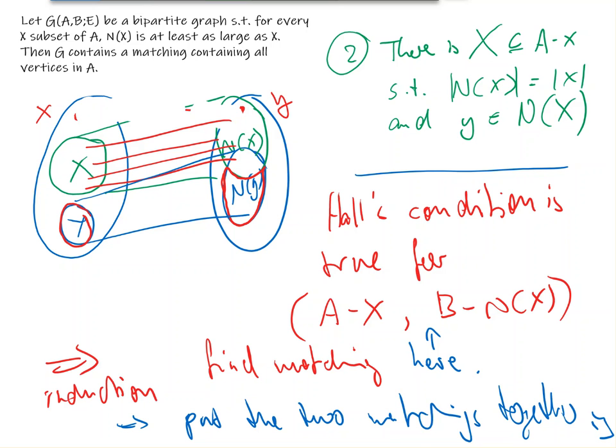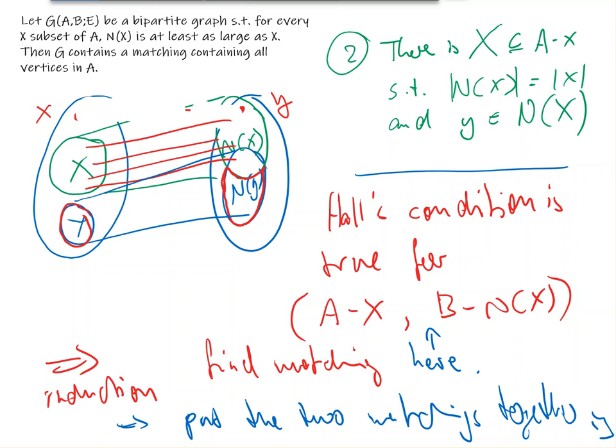If we're lucky, the remaining graph, which is smaller, still has Hall's condition. And then we can just use induction, find a matching on the remaining graph, and together with this edge that we grabbed, we find a matching of the whole graph. So this is if everything goes by plan, as we hope. We just grabbed any old edge, and if we're lucky and the condition holds for the remaining graph, we're done.